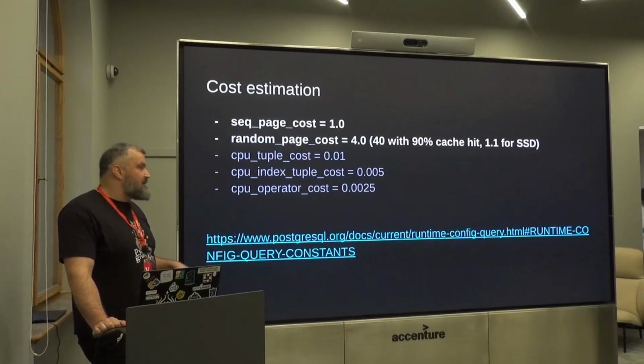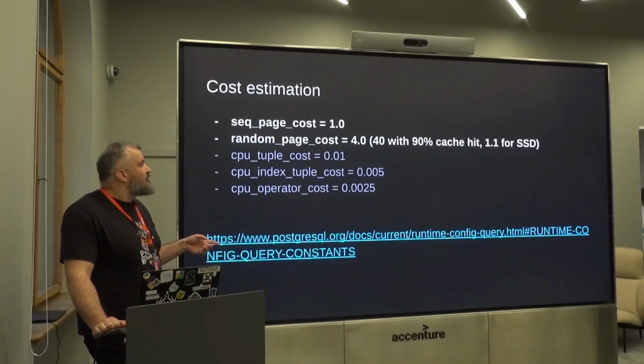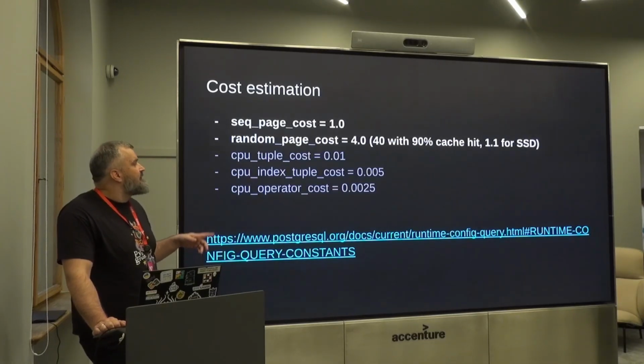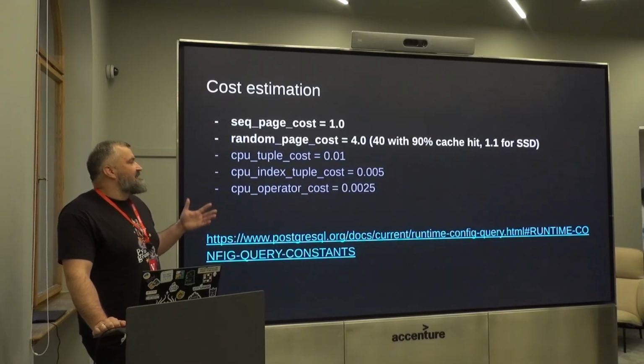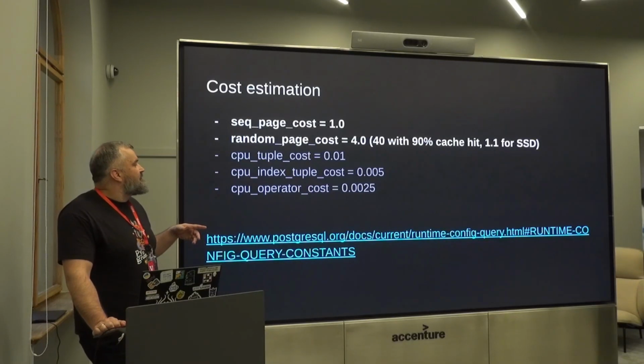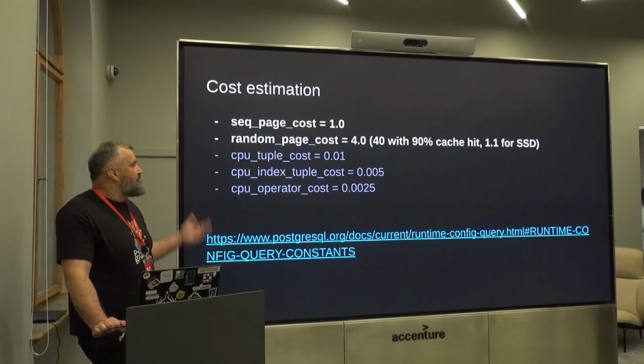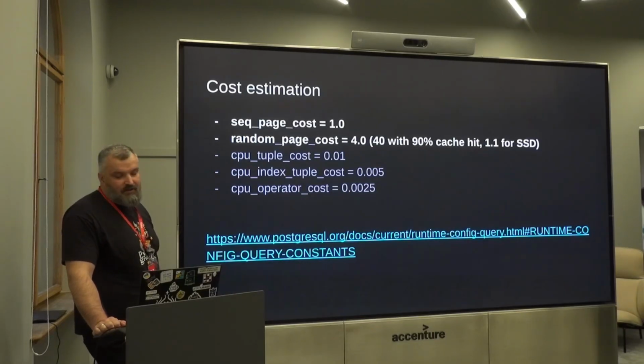It doesn't say so in the latest Postgres documentation, but in a version like 12, it still said that this value 4 was chosen given the estimation that random page cost is approximately 40, but they assume that 90% of requests will go through cache. Therefore, they put 4 as the default.